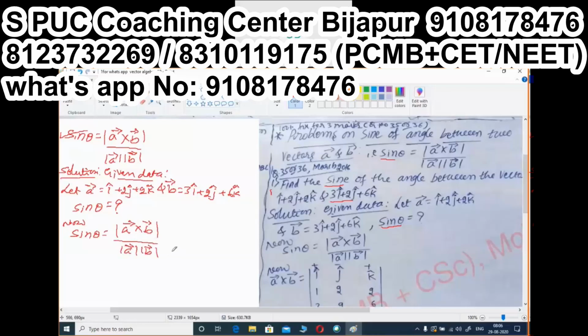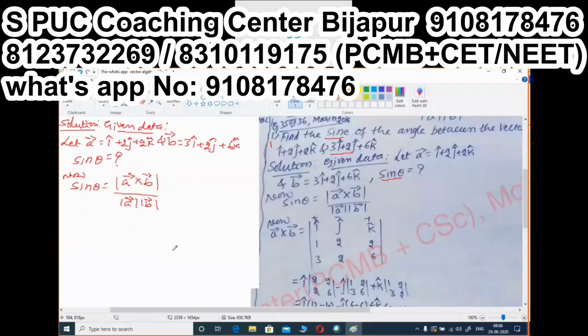What you have to do now is find A cross B. Already we have solved many problems on A cross B, so let us find A cross B now.